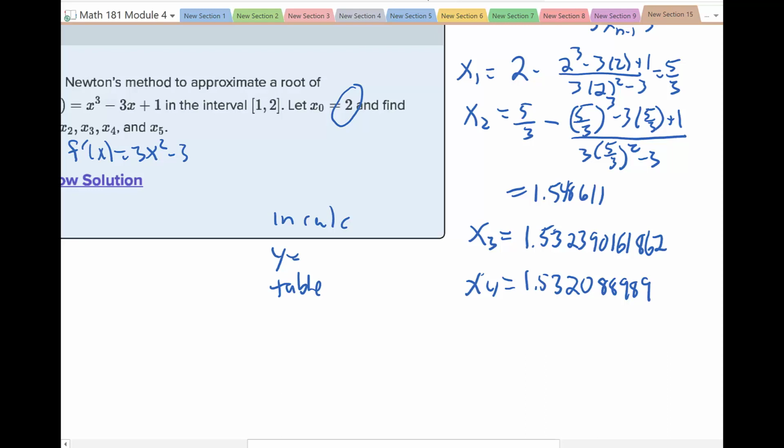It looks like it's settling on this 1.532. So let's try x5. We get 1.532088886. Now we're the same all the way down to the first point, the 88.